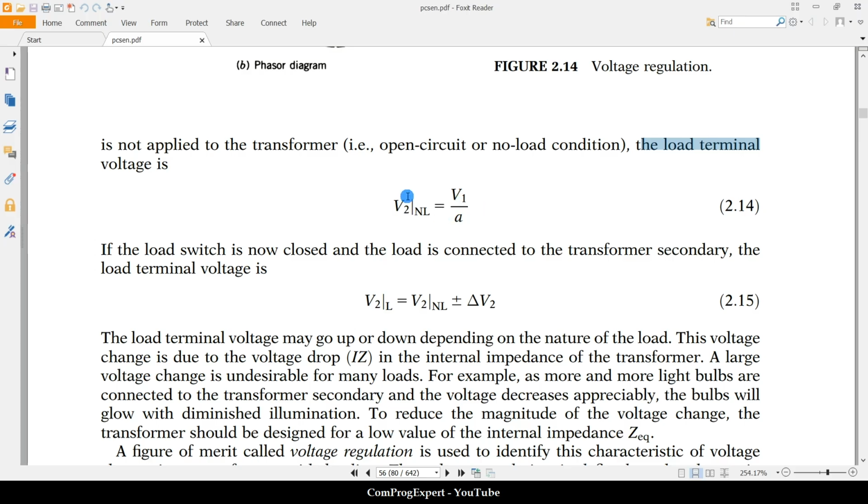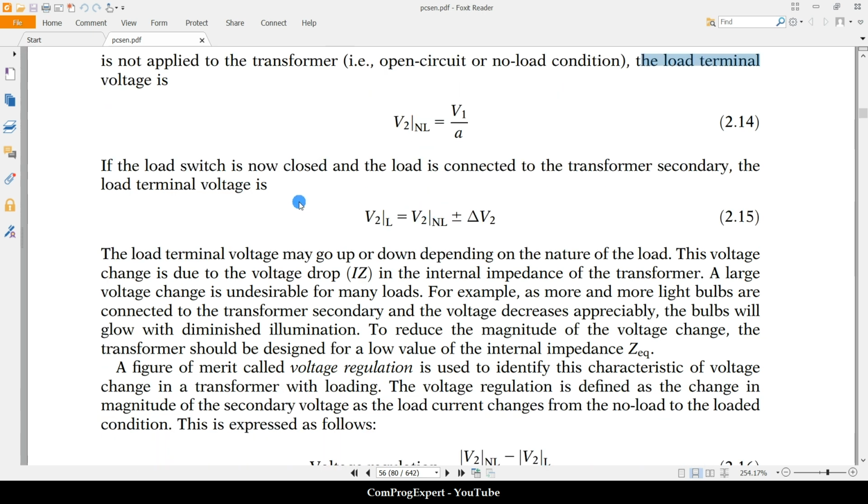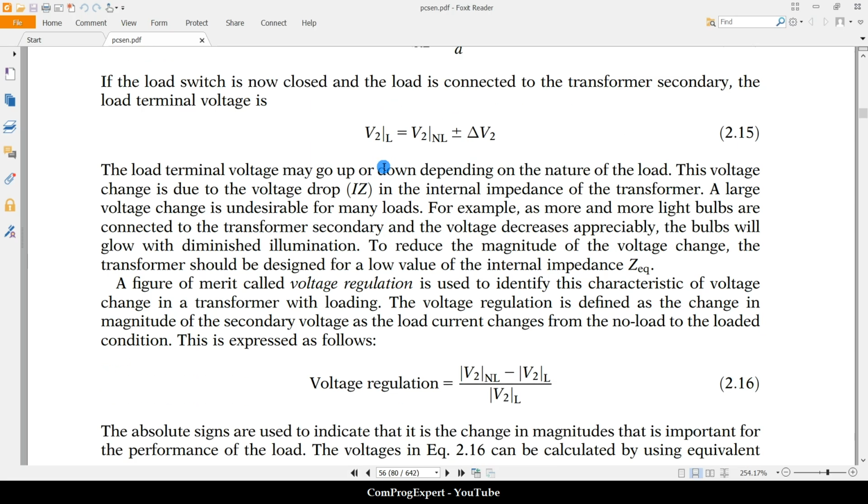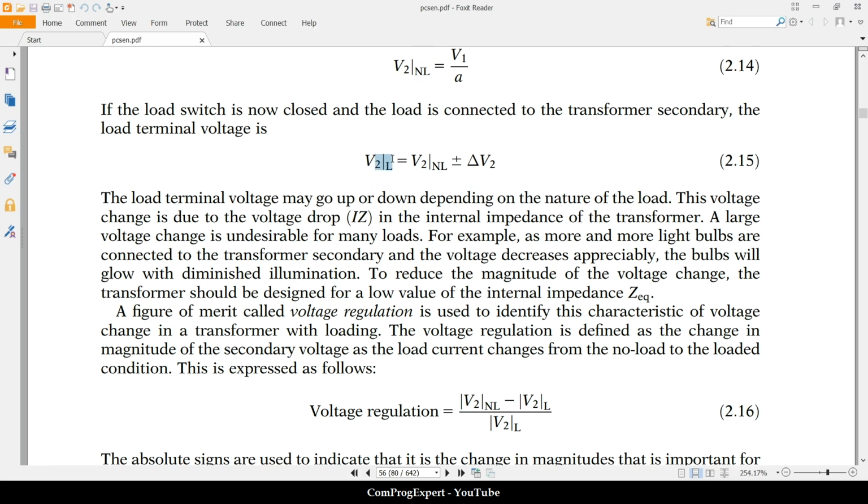Yes, this is the voltage of the secondary at no load. But when we switch the load and close the switch, connecting the load to the secondary, this will be the value of the voltage when we have load, right?